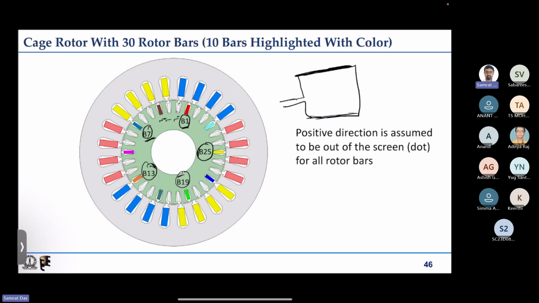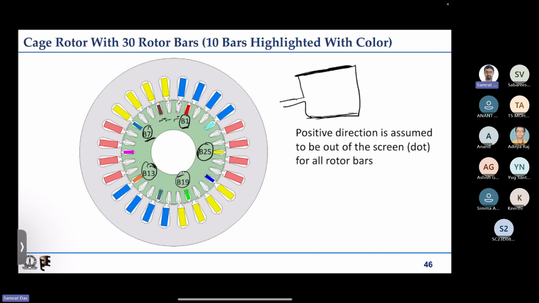There will be some non-uniformity, something like fractional winding, you can say. Let us not get into that. It may not be exactly that, but you can think like that.